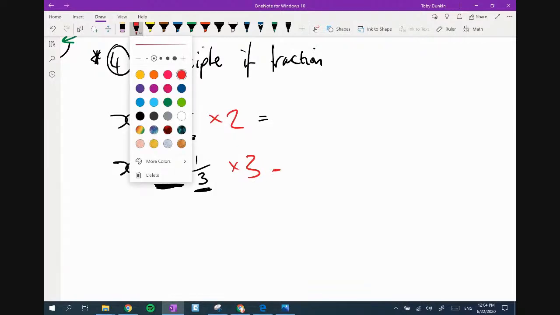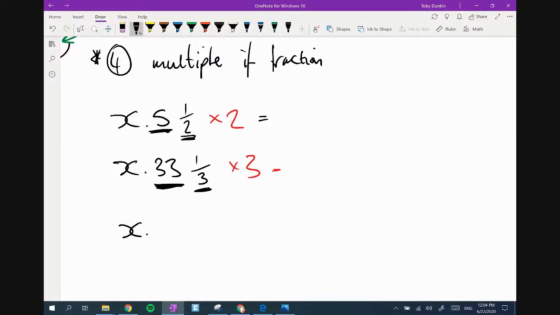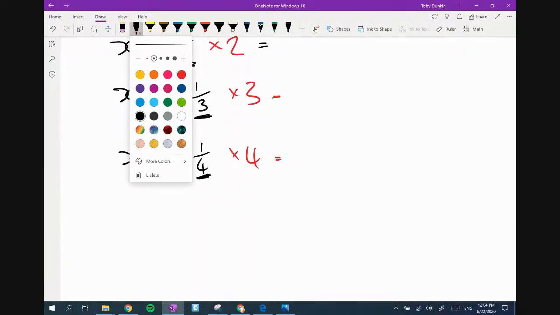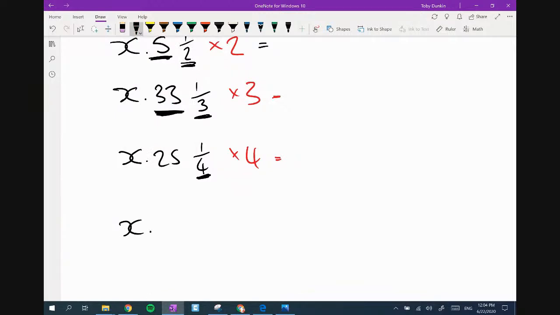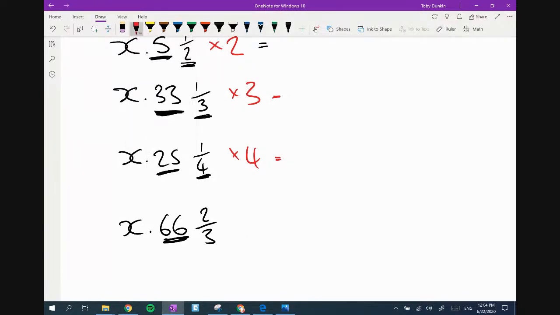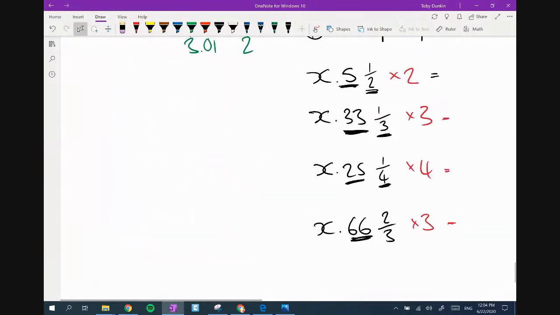If you got a quarter, x 0.25, then that's 1/4, multiplied by the denominator, and you end up with a whole number. What if we got x 0.66? That's 2/3, so you multiply it by the denominator. It's a rather neat trick. You're just multiplying by the denominator each time, and that'll make it into a whole number.